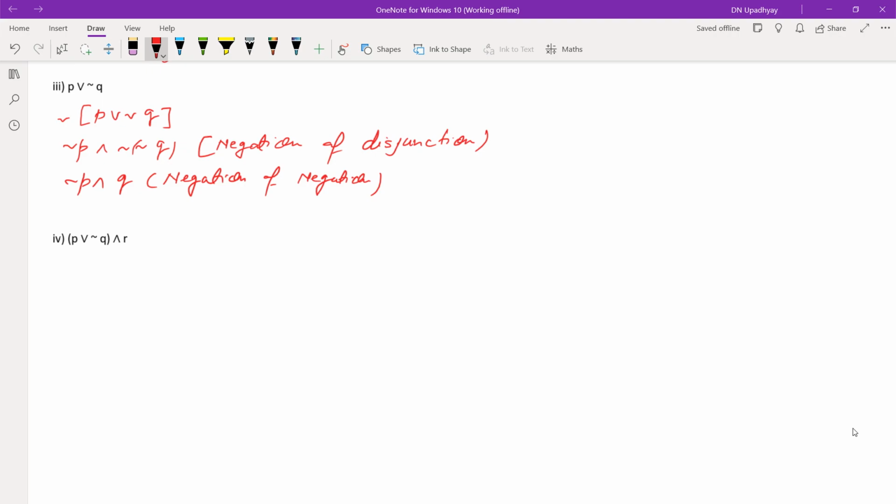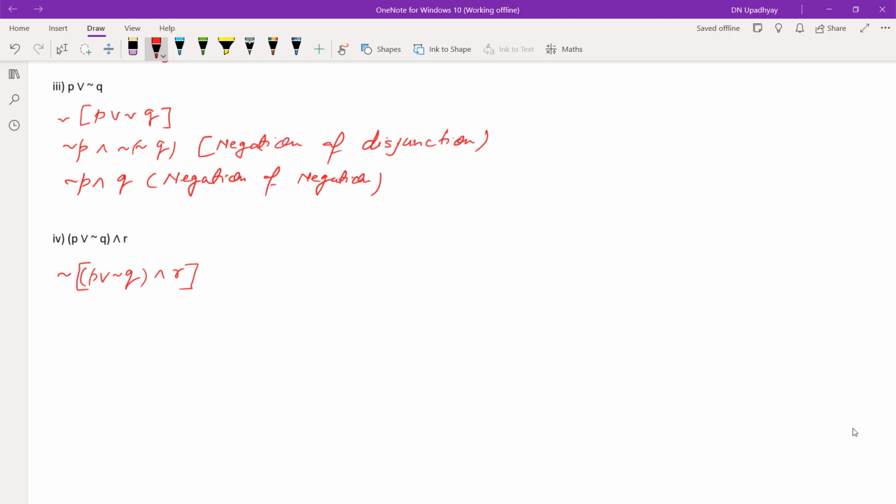Okay. So let us start question number 4. So again the rule is to write the terms in a bracket: P or negation Q, or bracket and then Q and R, and then here negation.